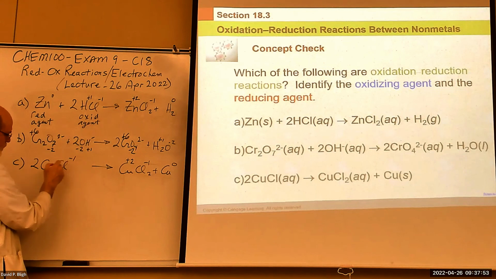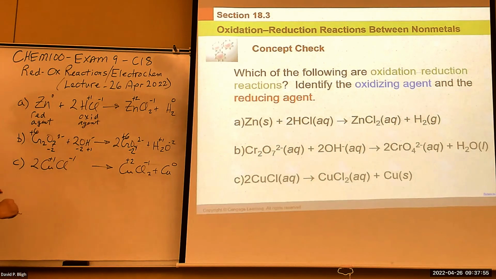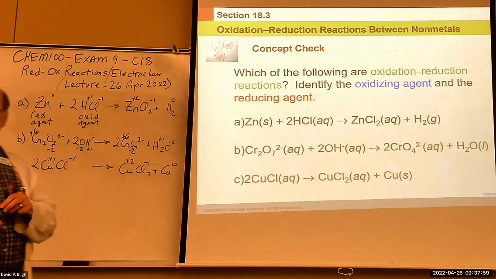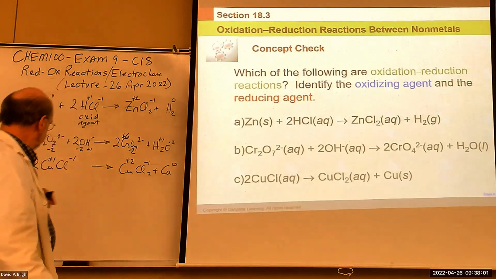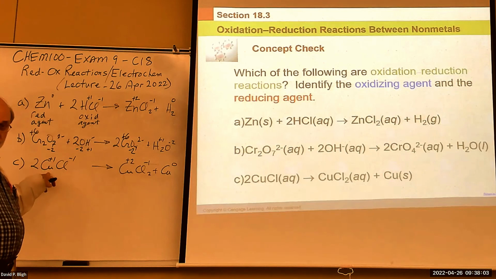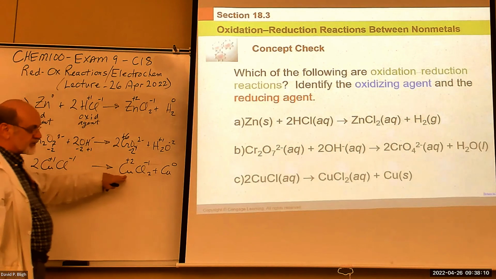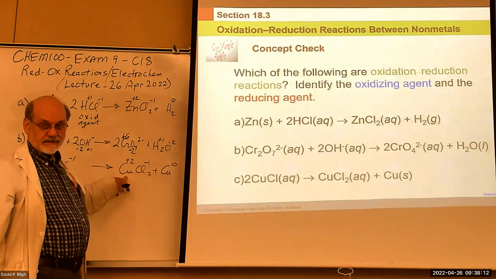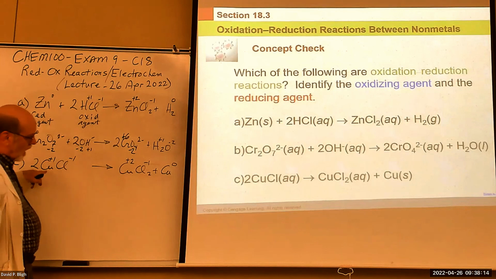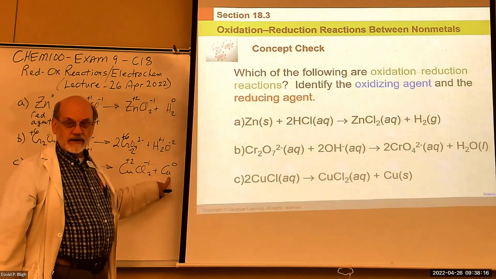We're going to give this one a -1. That makes this one a +1. Okay. So what's going on here? This copper went 2 different directions. Right? This +1 became a +2. It was oxidized. This +1 also became a 0. It was reduced.